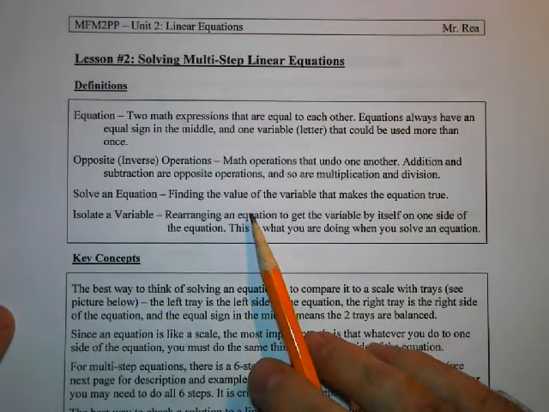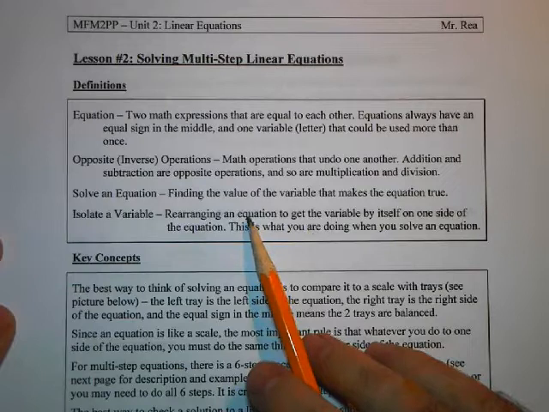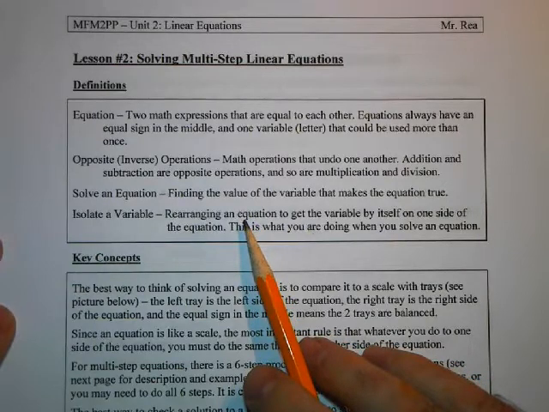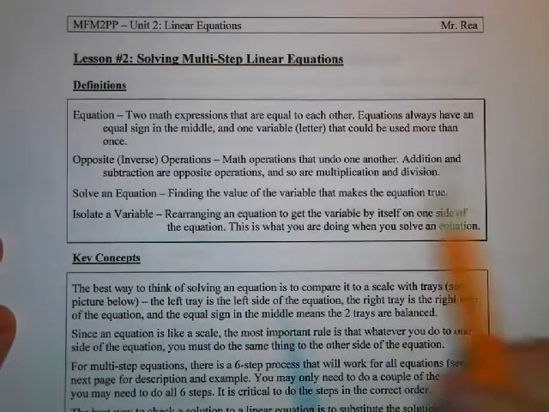Usually there's only one correct answer, one value of x that makes it true. Occasionally you might see an equation where there is no solution, and sometimes equations with infinite solutions. We're going to be focusing on the more common one where you only have one solution.